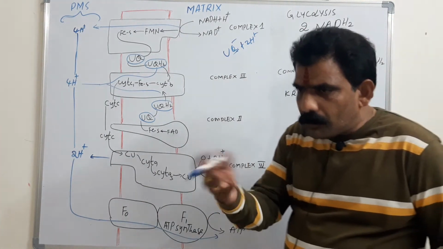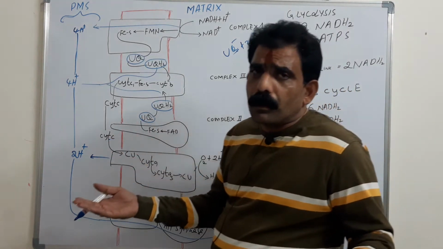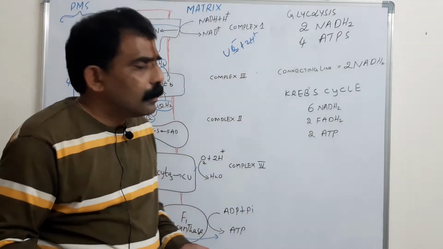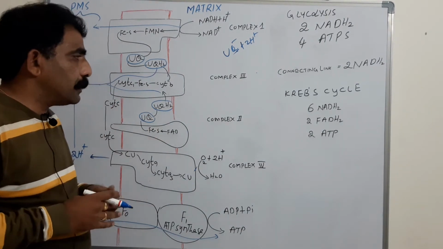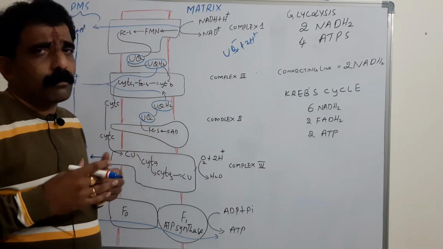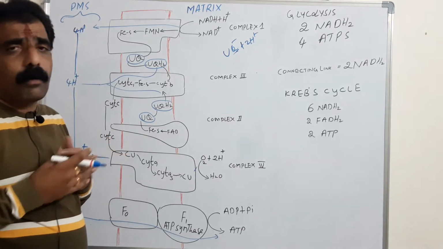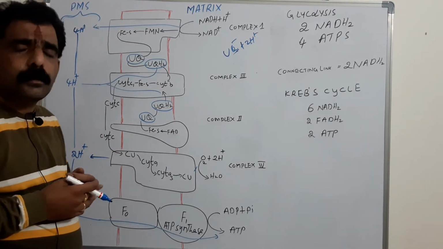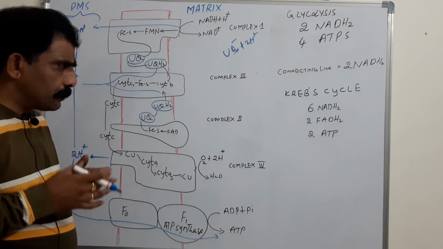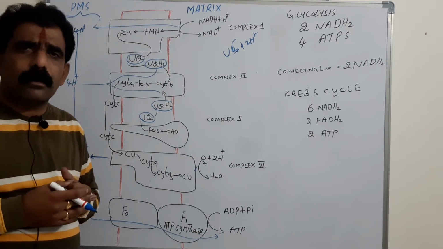So 12 into 1 water molecule, 12 water molecules are resulted. That is why in the aerobic respiration reaction we write 12 water molecules on the right side of the arrow, because water molecules are resulted in the electron transport system, and these water molecules together constitute metabolic water.